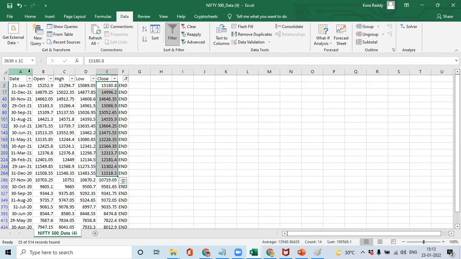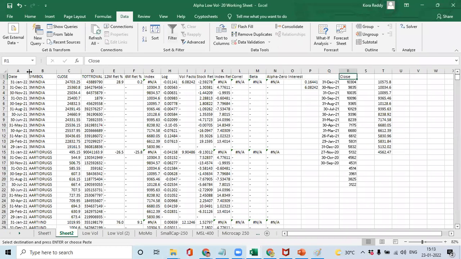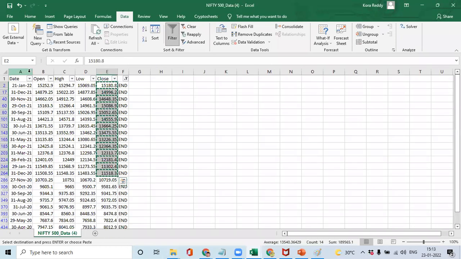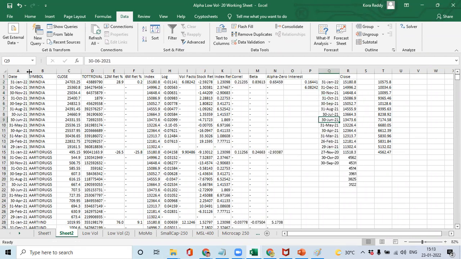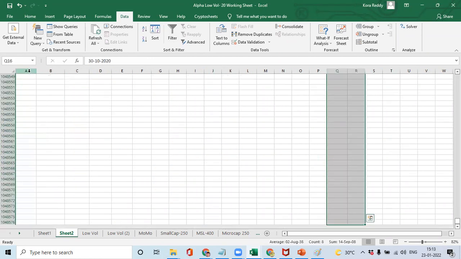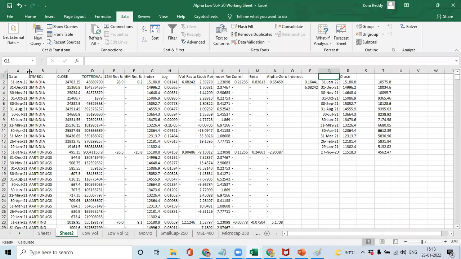These are my values, and these are the corresponding dates. I don't need all this. Right, so I have Nifty 500 values because that's my benchmark for these stocks.